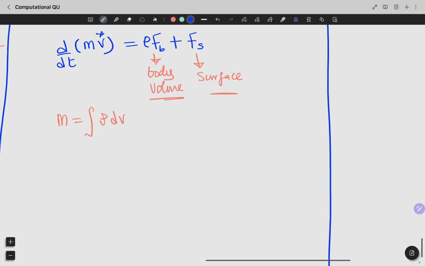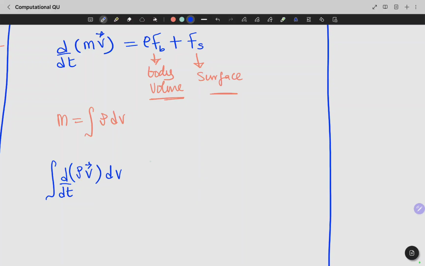And we can now say d by dt. So we're integrating rho v dv over the volume, and we're integrating this as well, rho fb dv, and we are integrating this guy over an area.